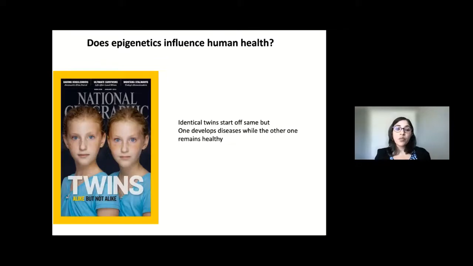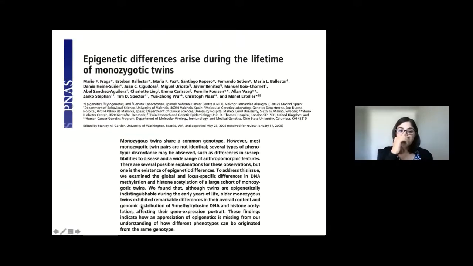One study showed something very interesting: when twins are born, they are of course very similar because they have the same epigenetic information, the same epigenome. But as they grow older, they found that sometimes they can differ, and one twin can develop some diseases which the other one doesn't.